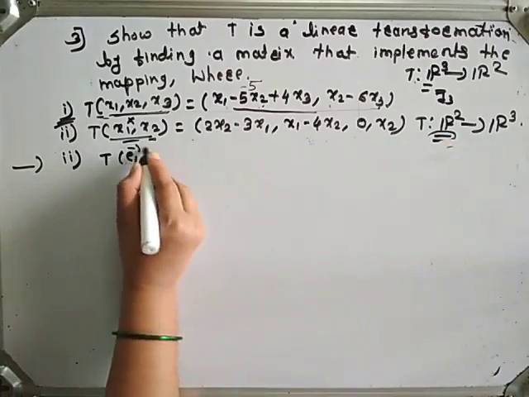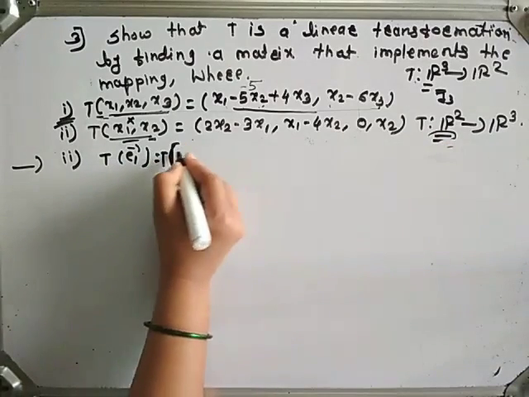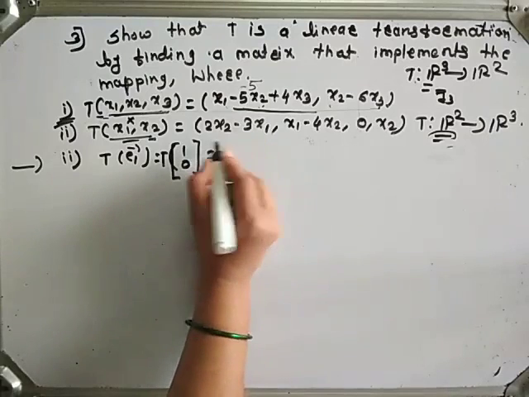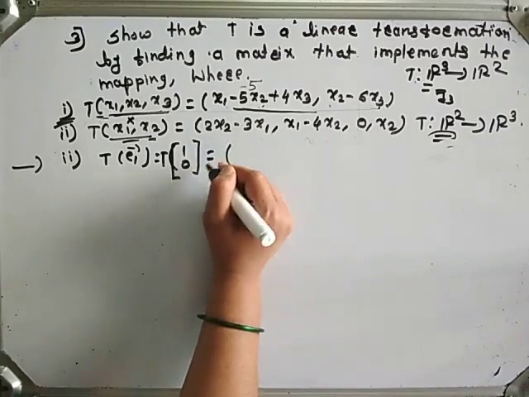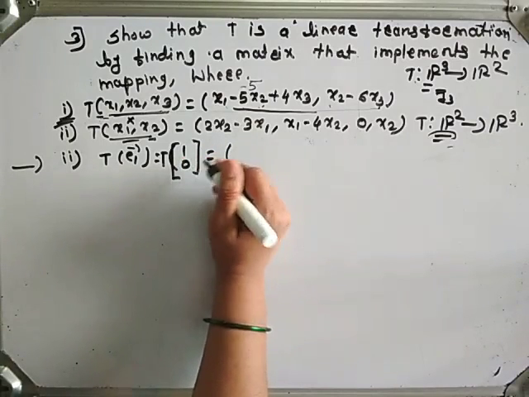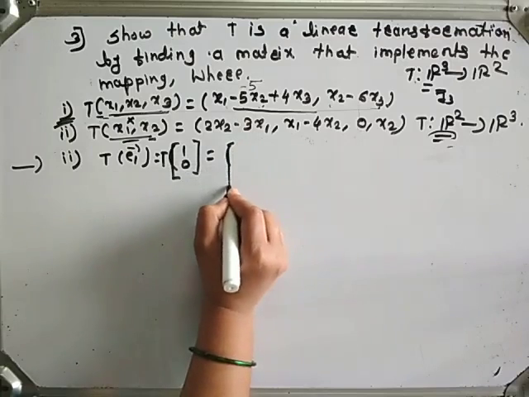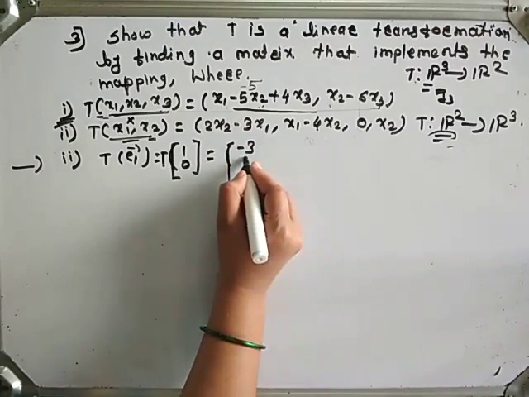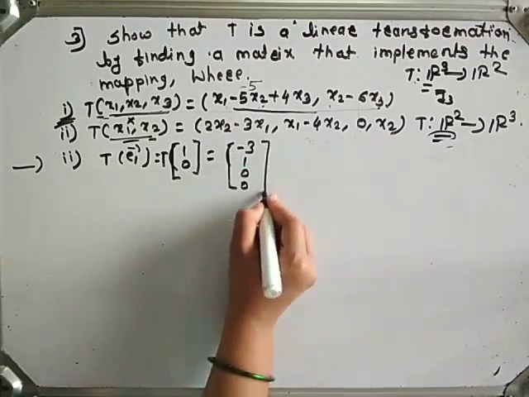So T of E1 bar is equal to T of (1, 0), which is nothing but the matrix (minus 3, 1, 0, 0).